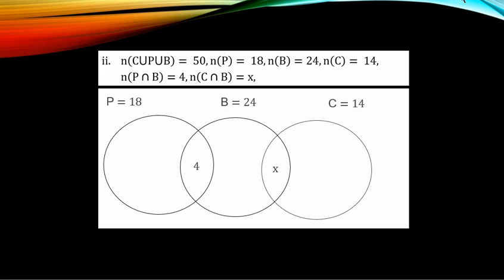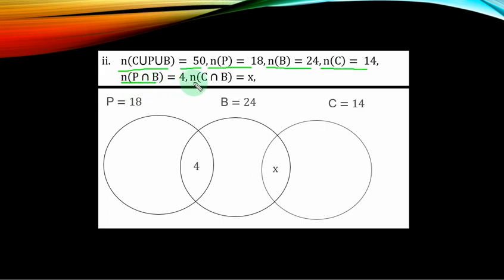The solution continues. The union of the 3 subsets, which is the universal set, is equal to 50. Those that take physics, they are 18, biology 24, chemistry 14. Those that take physics and biology 4.